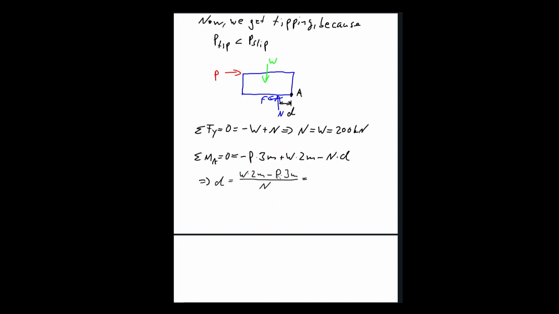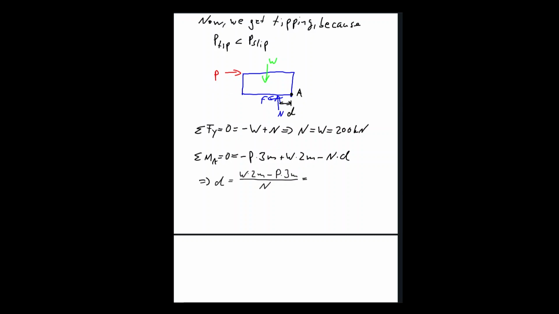And now P, I guess we have to set P. P would be 100 kilonewton, because that was the value that we had for slipping, right? So let's say we are in the slipping case. Maybe I'll just write P slip here.